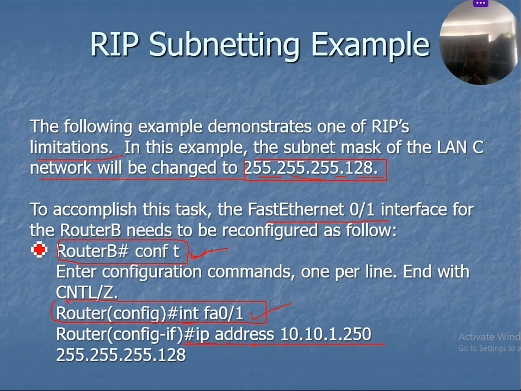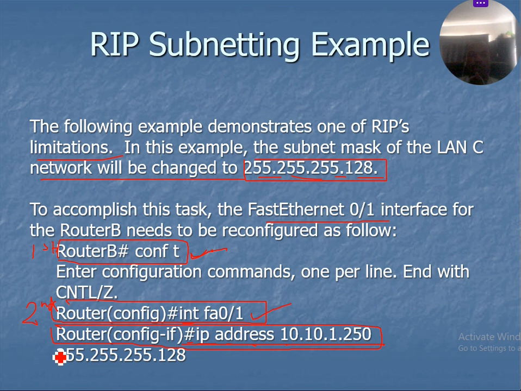This is the first one. This is the second command for the protocol. Then the third one is this one: Router(config-if)# ip address 10.10.1.250. Then you follow it.